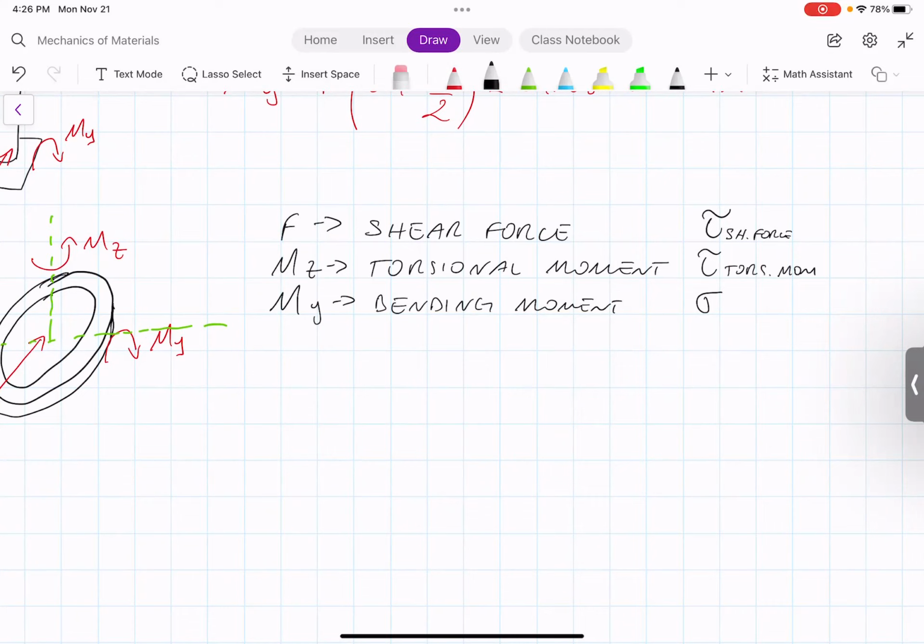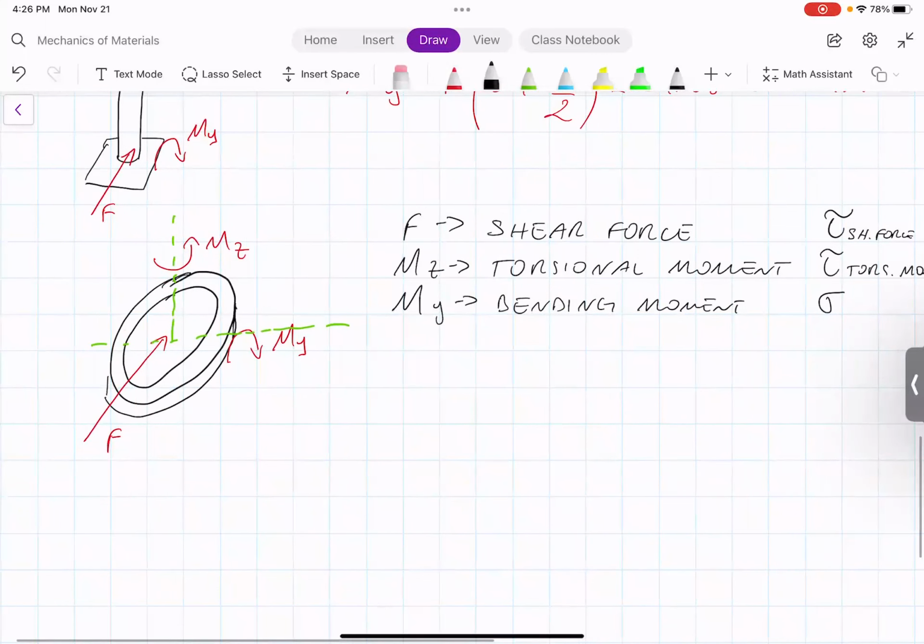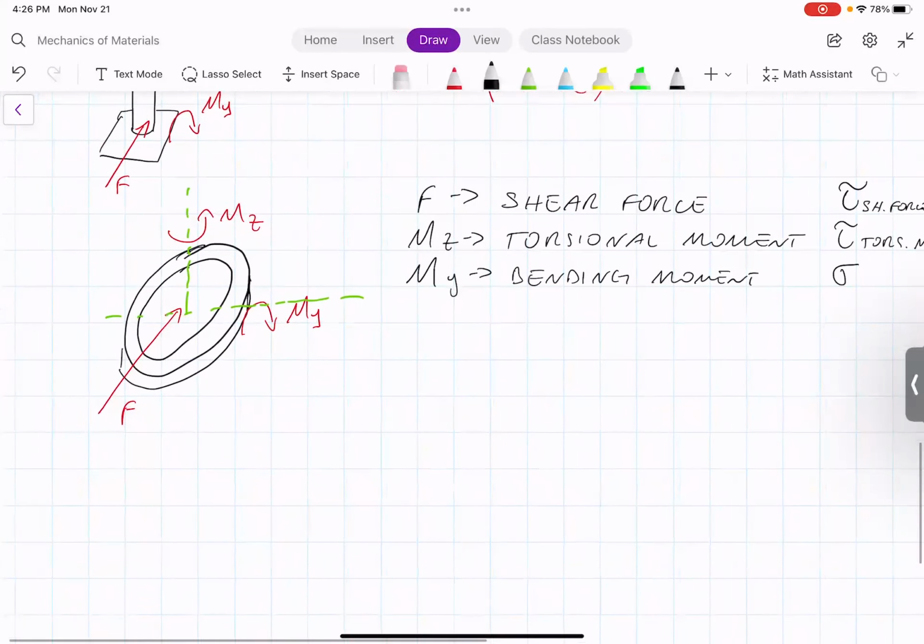Then for the normal stress, we don't need to specify because the only cause of the normal stress is the bending moment. Now we have to look at what happens at the two specific points that we need to analyze, point A and point B.